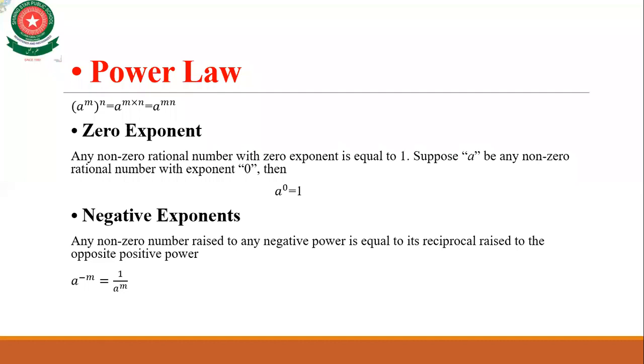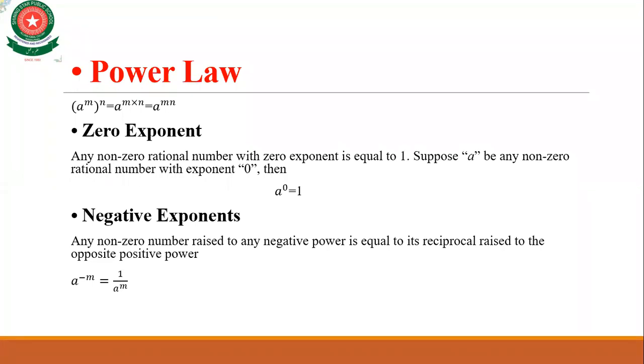Now the second one is if you have a negative exponent. First we learned what happens if we have a zero exponent. Now in the second law, what if we have a negative exponent?